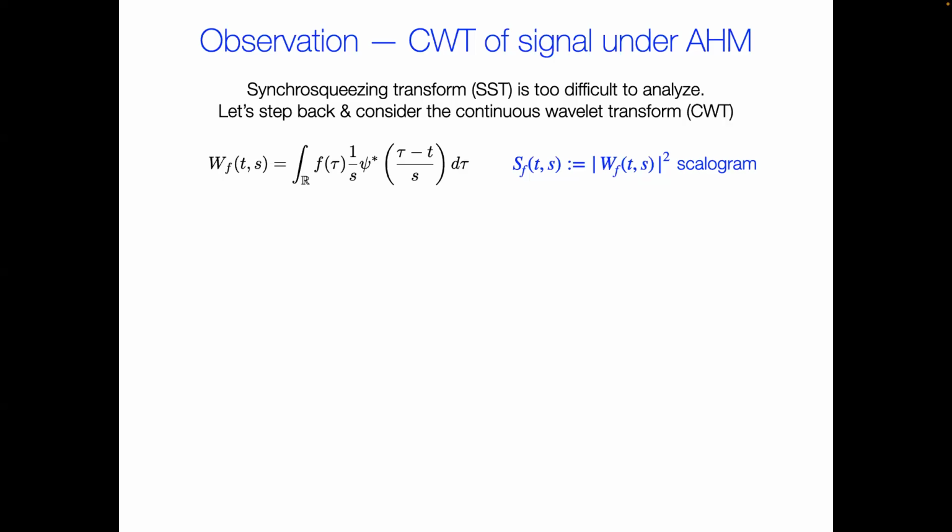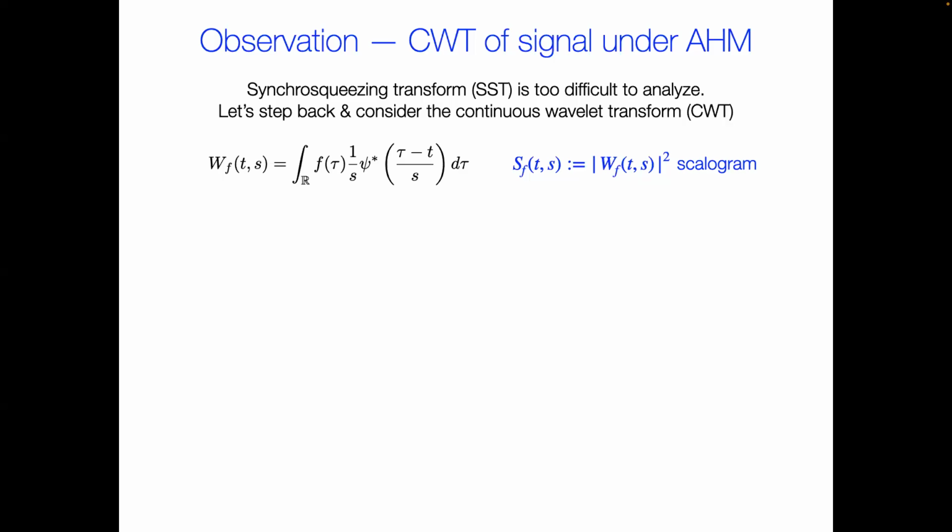So the wavelet transform, in particular the continuous wavelet transform, W_f of a function f, is defined in this way. You have f(τ), and you convolve it with ψ. And ψ is something called the mother wavelet, for which I will give a more precise definition later, but you just imagine it is something oscillatory. In the frequency domain, it is 0 at frequency 0. It has some decay to 0, and it is relatively well supported, so that it is a very nice function.